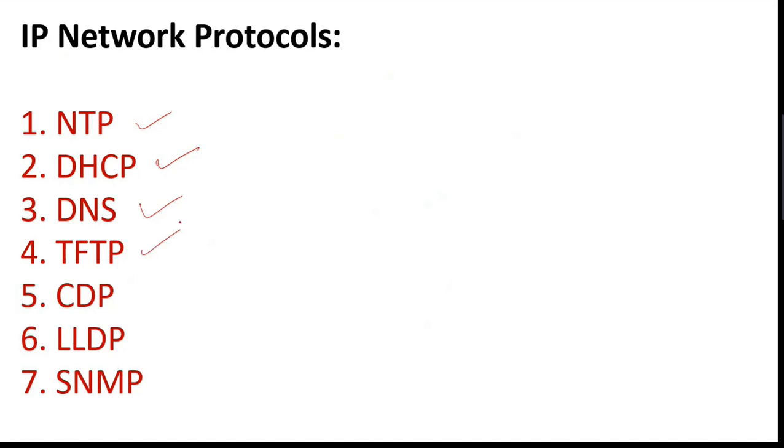TFTP for configuration, for configuring those devices, for registering those devices. CDP and LLDP for the VLAN information. These are the discovery protocols. CDP is the Cisco proprietary, whereas LLDP is the open standard discovery protocol to provide the VLAN information. SNMP can be used for management and monitoring.